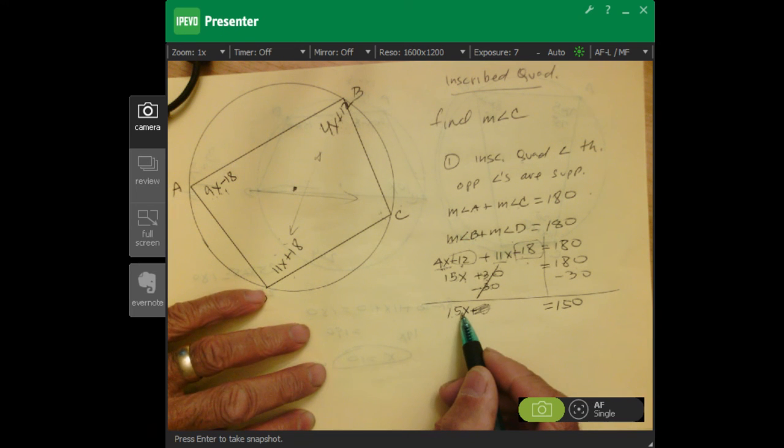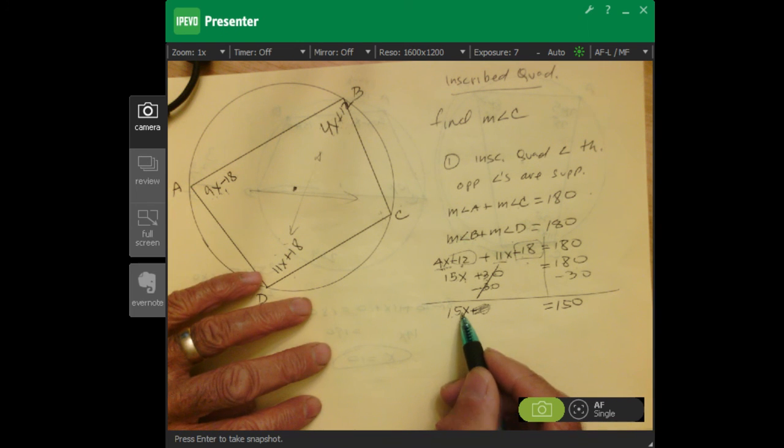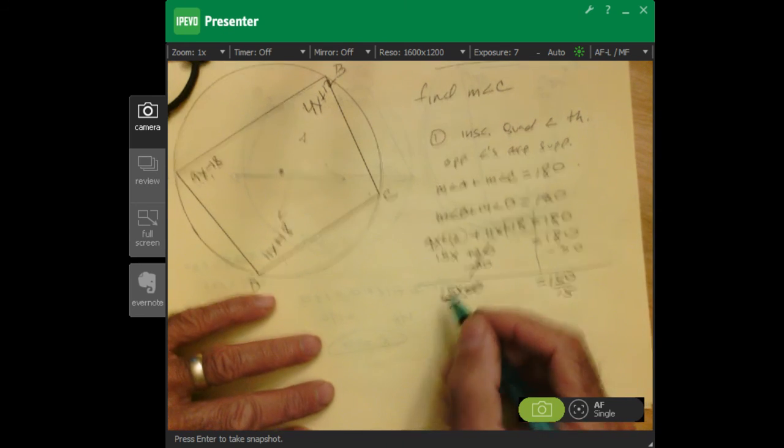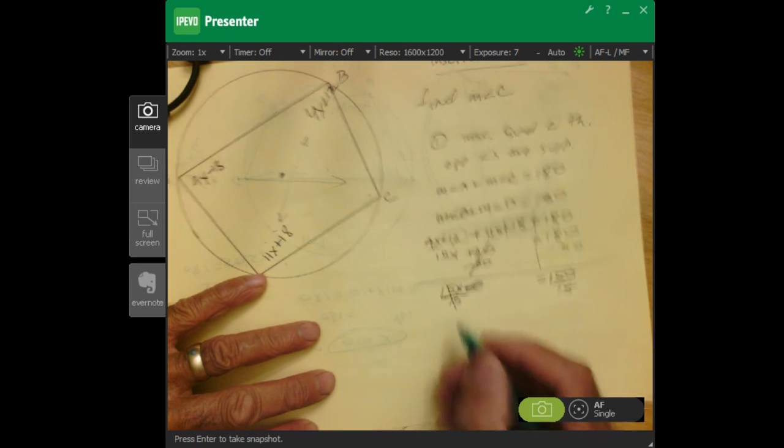Now 15x, this is a sloppy way of saying it, but it's 15 times x. So keep in mind the operation. The inverse operation is division. We show division with a fraction bar. We divide, so 15 divided by 15 is 1.